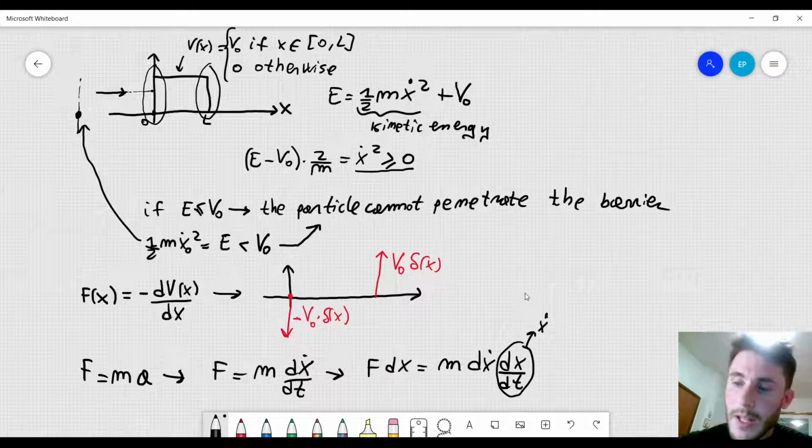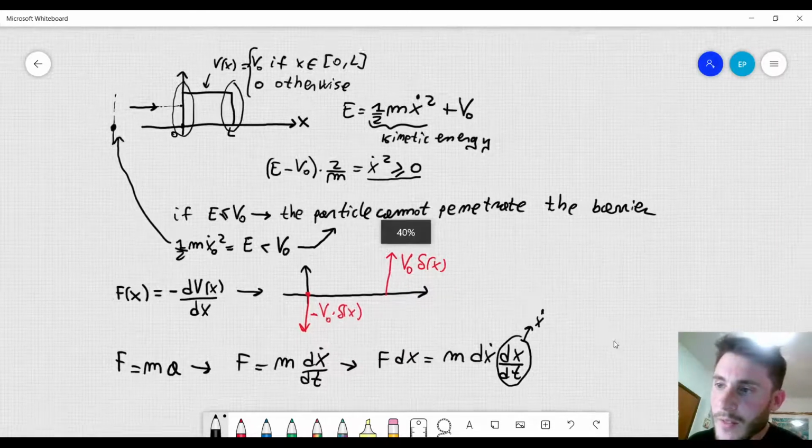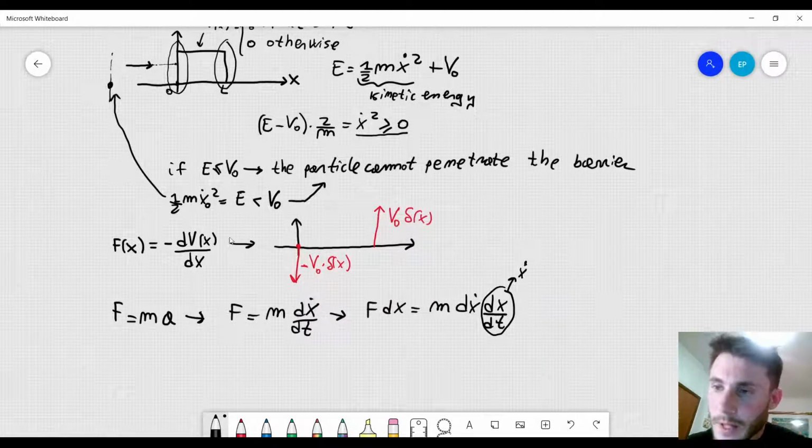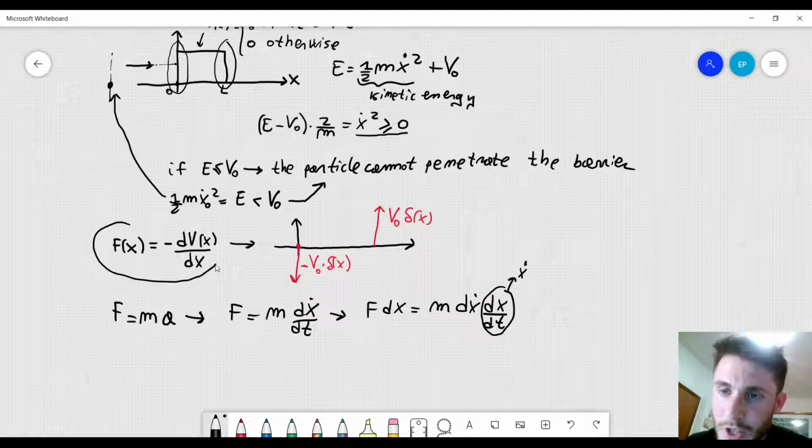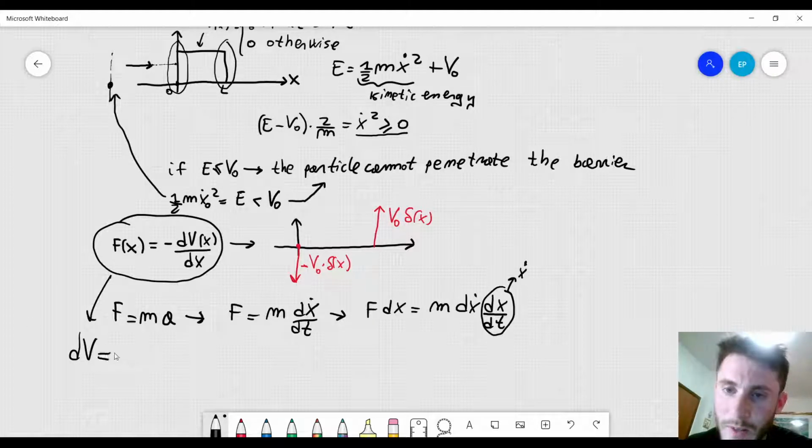Now if I consider the definition of the potential, right? So I defined the potential energy like this, right? So we know that dV, the differential of the potential, is equal to minus the force times dx.